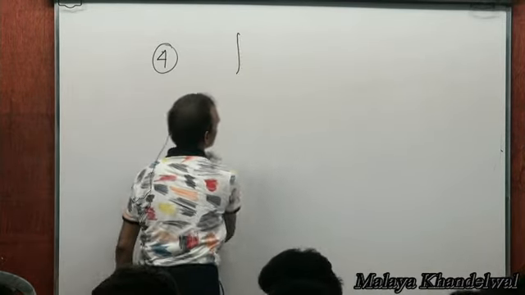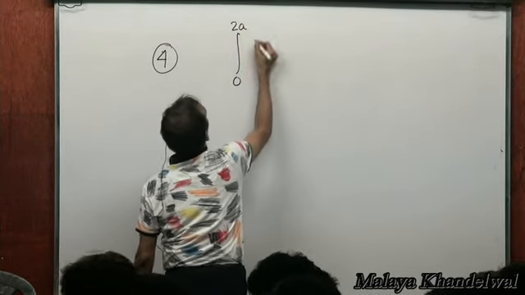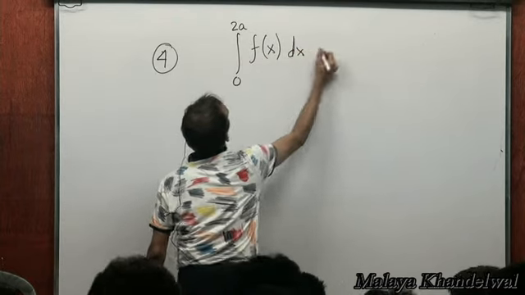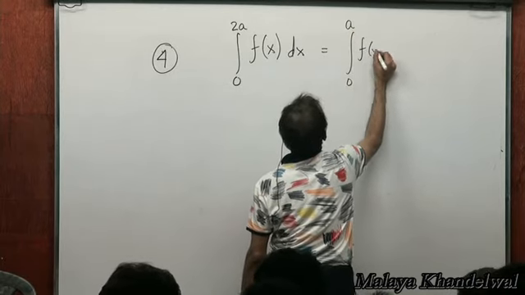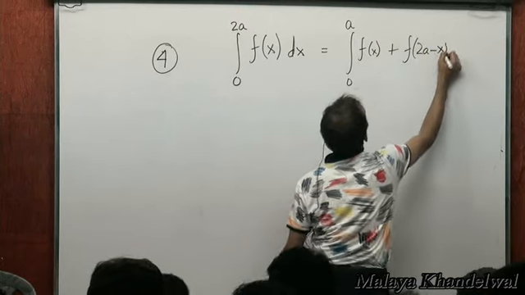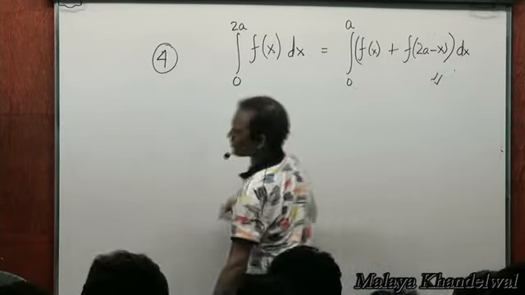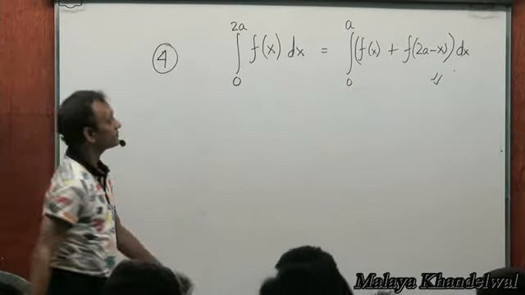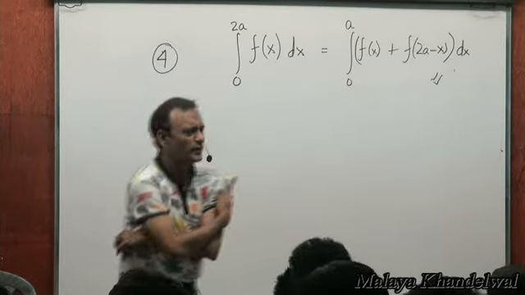The integral from 0 to 2a of f of x dx is the integral from 0 to a of f of x plus f of 2a minus x. Good property, but not as widely prevalent as the previous properties. Let's go ahead and prove this property, right?